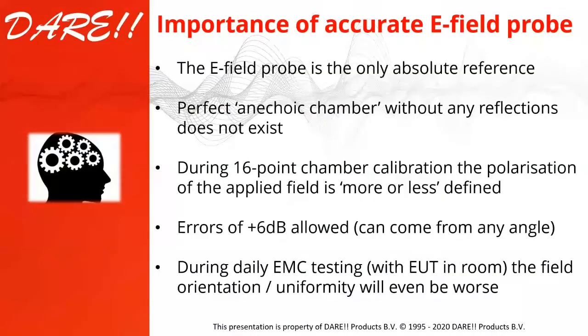The chamber itself has to comply to the field uniformity, which is 6 dB. So it could happen that a reflected wave can come from any angle. And if you put your EUT in your chamber, and many EUTs or almost all EUTs are quite reflective, the situation only gets worse.